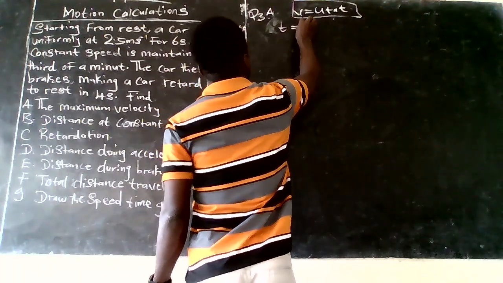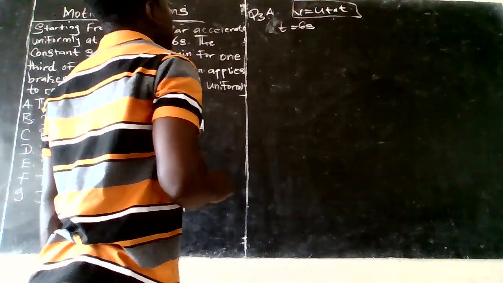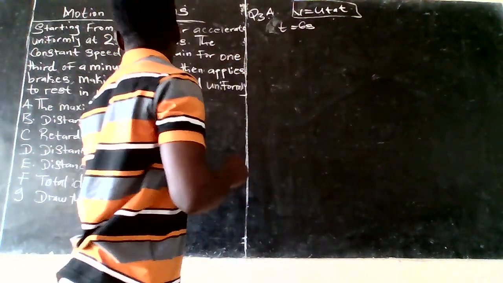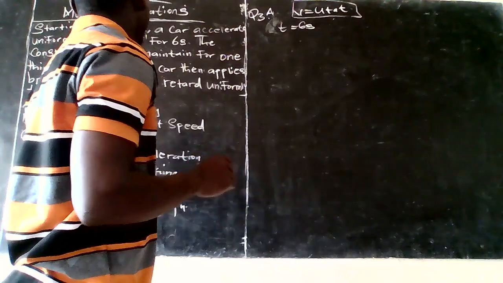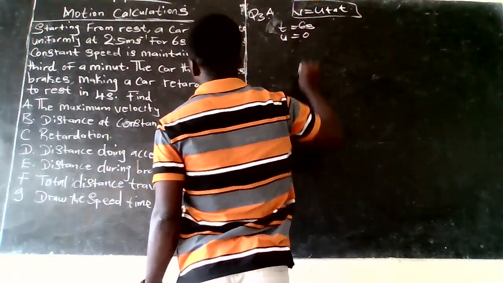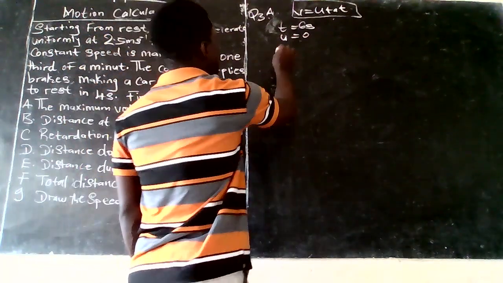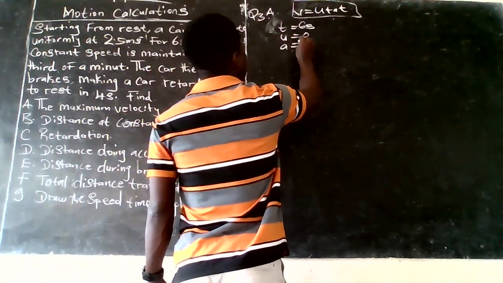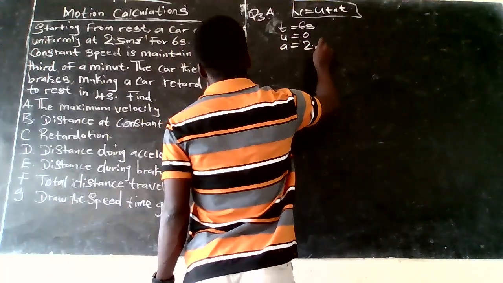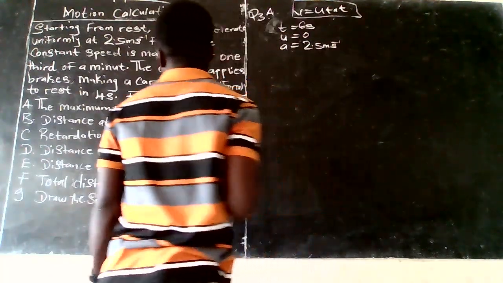Our time is 6 seconds. Because the car starts from rest, our initial velocity is 0. And acceleration here is 2.5 meters per second squared.